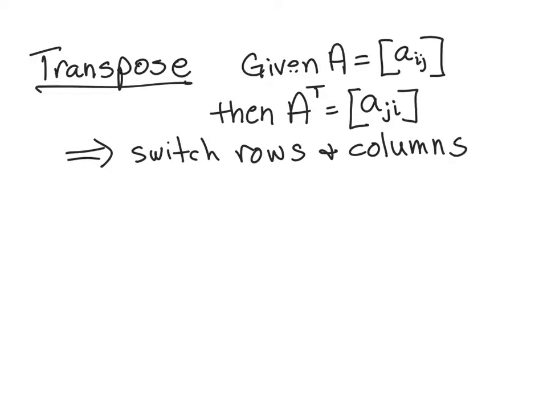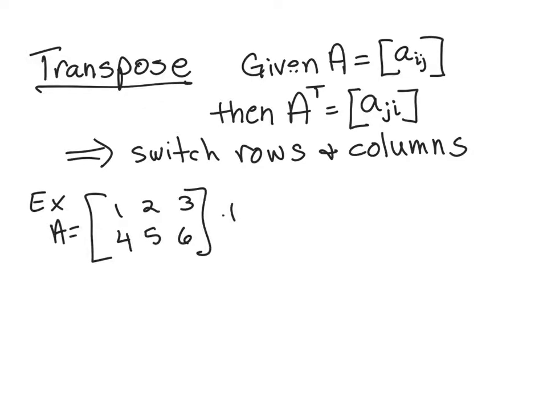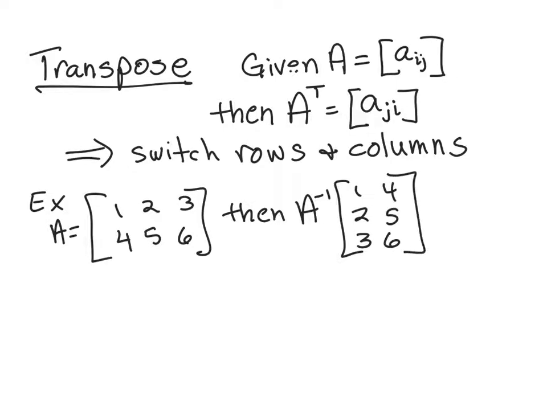Okay? So if I have 1, 2, 3, 4, 5, 6 as my A, then A transpose is going to be 1, 2, 3, 4, 5, 6 rearranged.